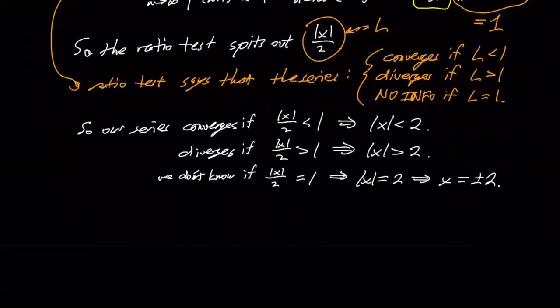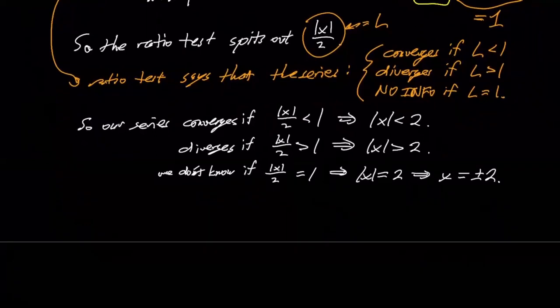Okay, so we can start to draw, just like we did in the general video. If we draw a number line like this, values of x, 0, 2, minus 2. We know it converges from here to here, right?